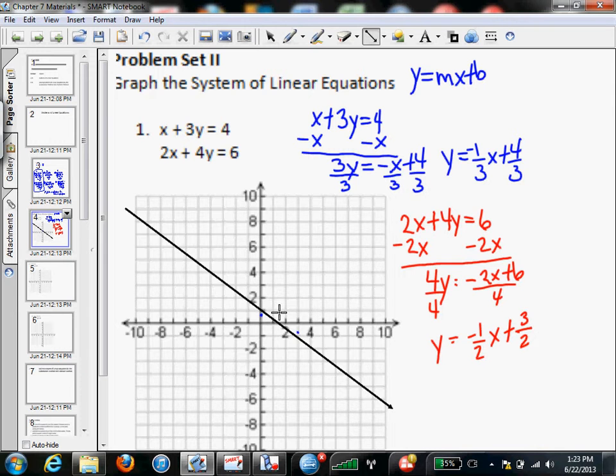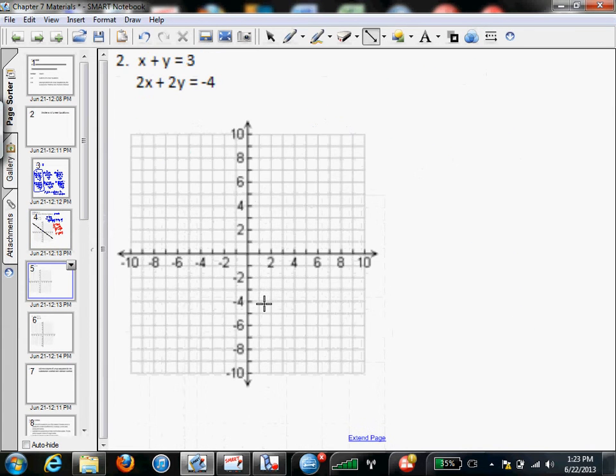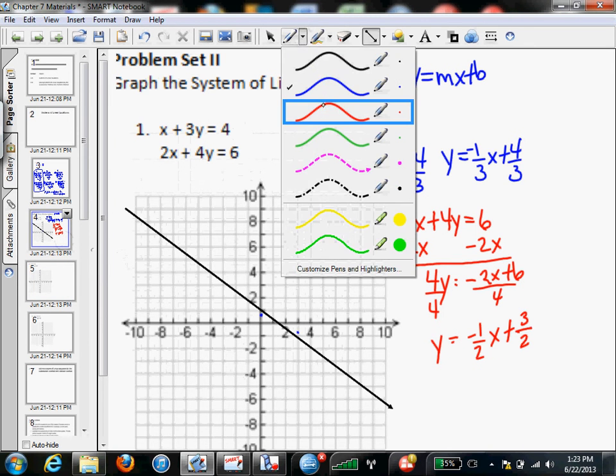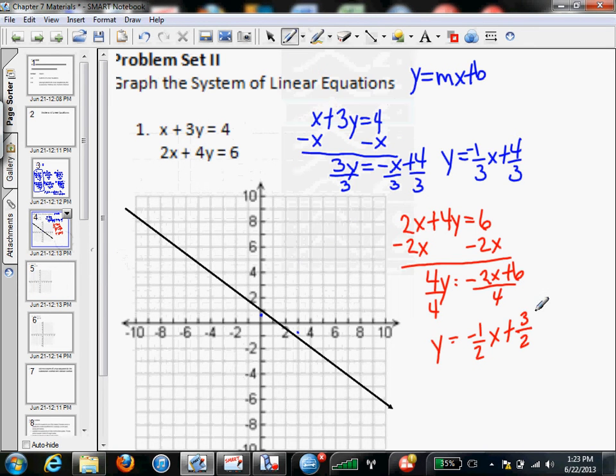Okay, and if we graph the second one, it's going to be about 1.5, that will be right here. Let me go back to my pen. If we graph the second one here, I believe we'll graph about right here, and we'll use our down 1 to the right 2. And now if we use our graphing tool, let's see what we can do.